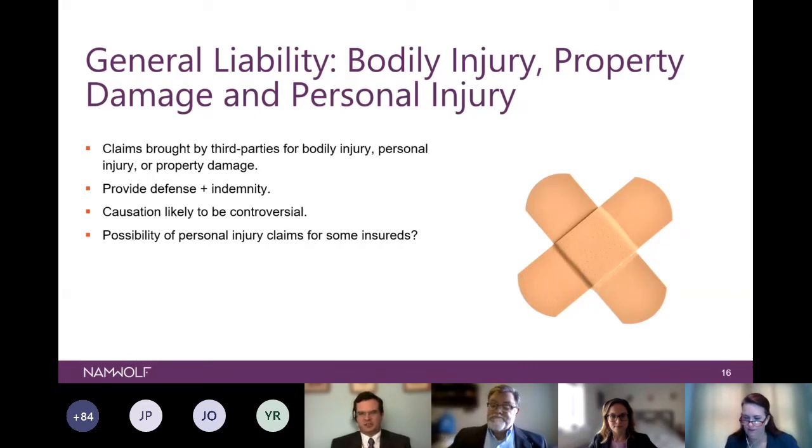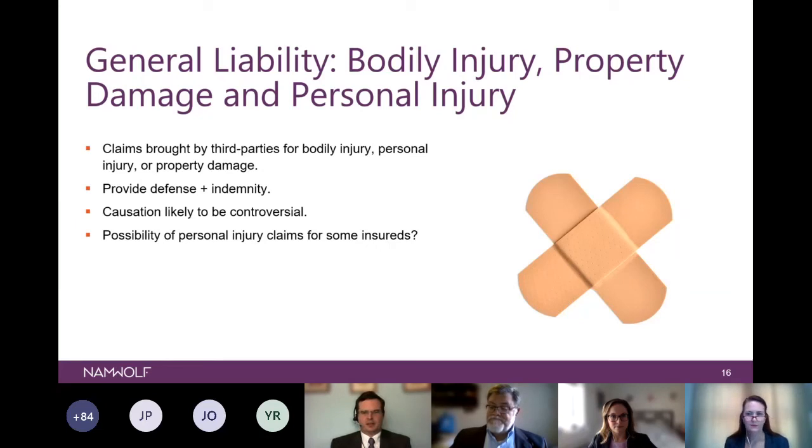But I think if you drill down into the language, there's an argument to be made that coronavirus is a pollutant, and that injuries arising out of that pollutant are within the exclusion.